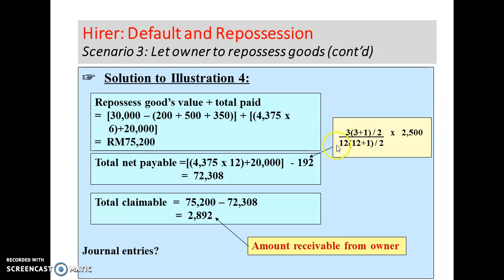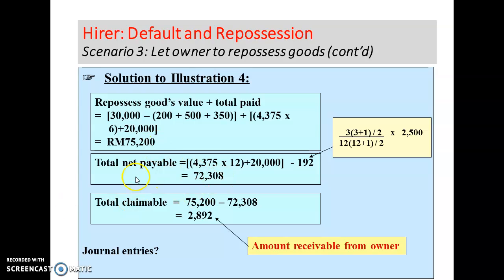Divide by the total sum of year digits times the total interest allocated, which is the difference between the higher purchase price and the cash price of 2,500. So you got 192 there, so it will be deducted. Then the total amount to be paid altogether in this higher purchase up to the repossession date is 72,308.